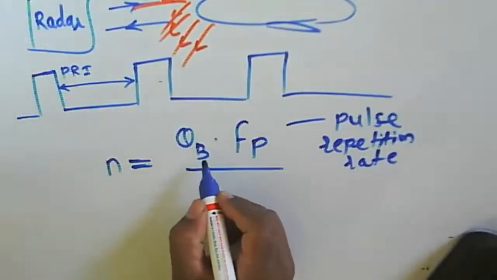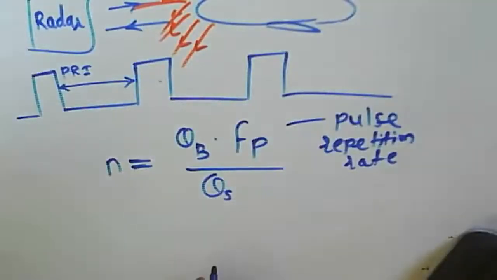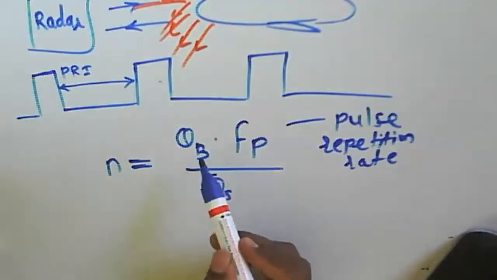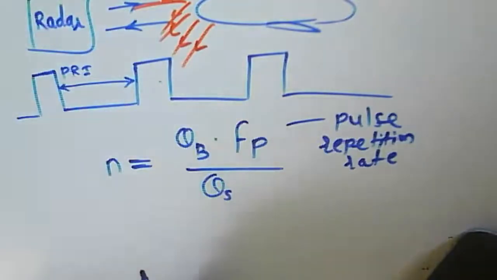Theta b is the beam width, and theta s is the scan rate, in degrees, because the antenna is scanning at a rate of theta s. So that is the scan rate.